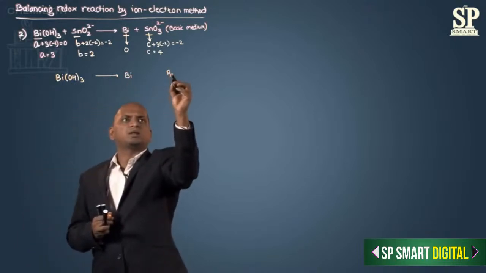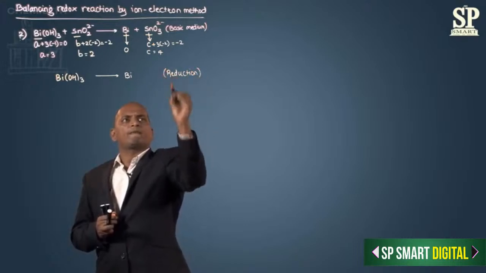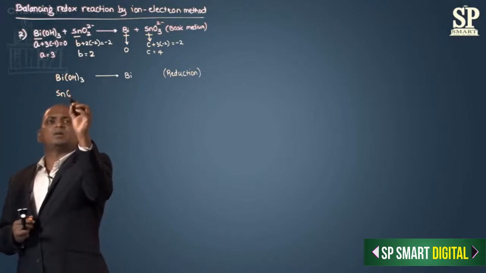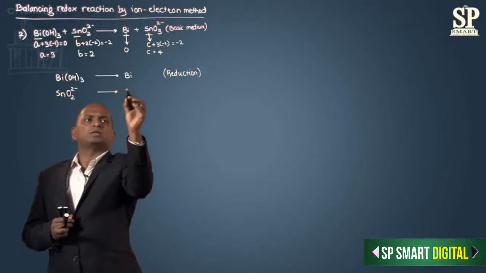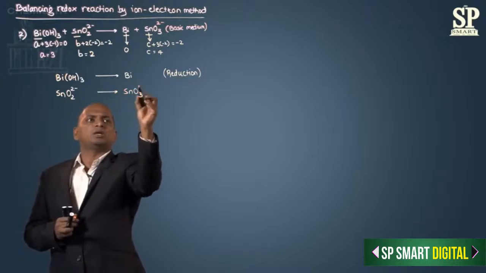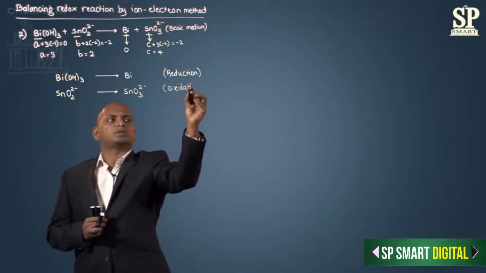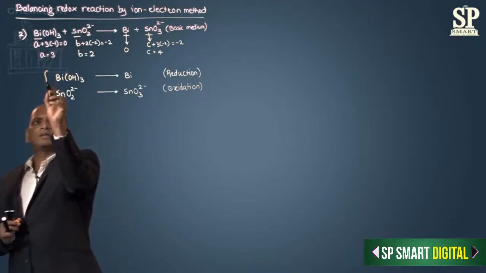This is a reduction process. And SnO2 2 minus changes to SnO3 2 minus, oxidation process. So, this is our step 2.